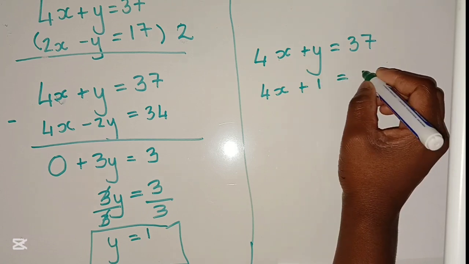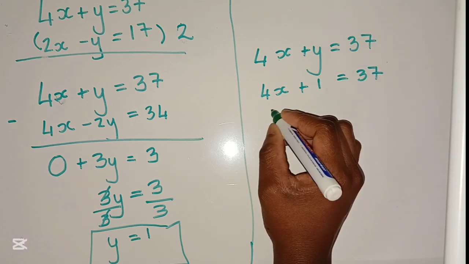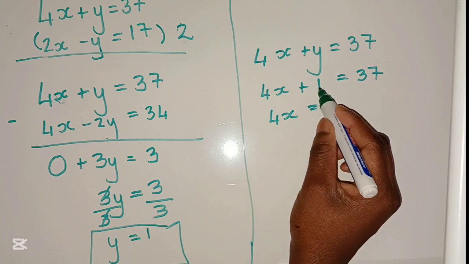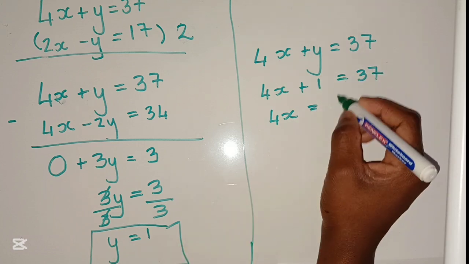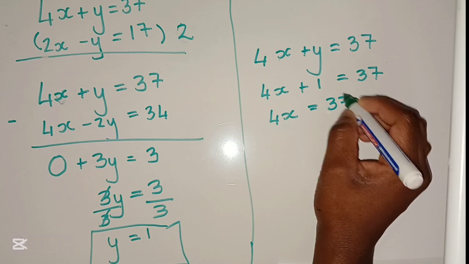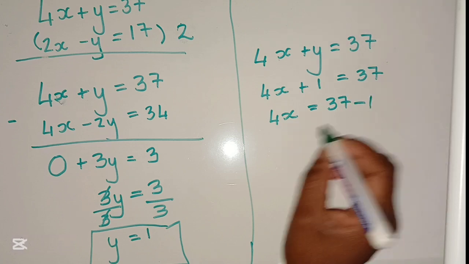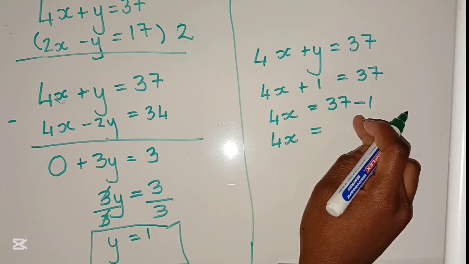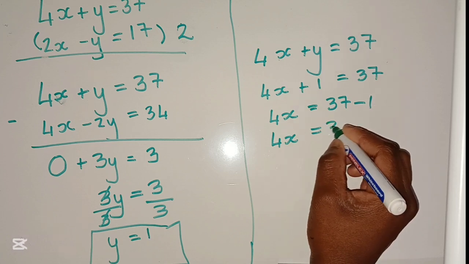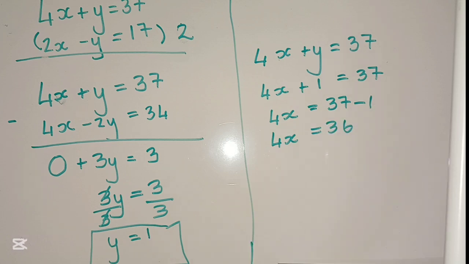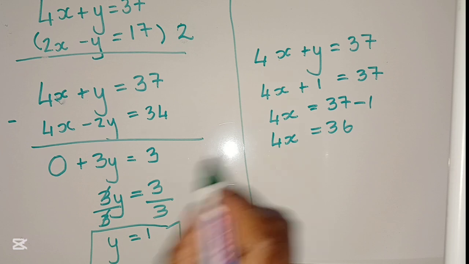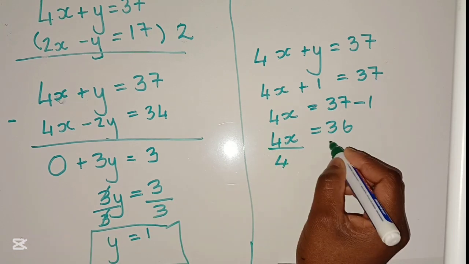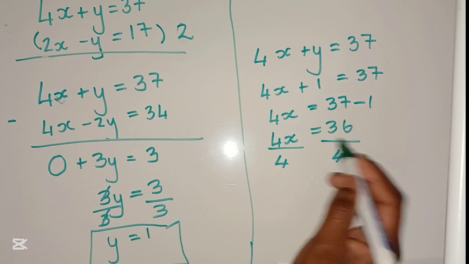I want to isolate my variable, so I'm going to move my 1 to the other side of the equal sign, and it becomes negative 1. So 4x equals 37 minus 1, which is 36. We're not done yet. We need to isolate our variable x by dividing both sides by 4.